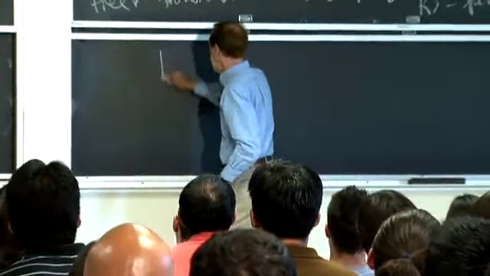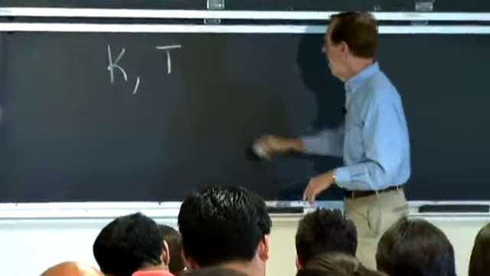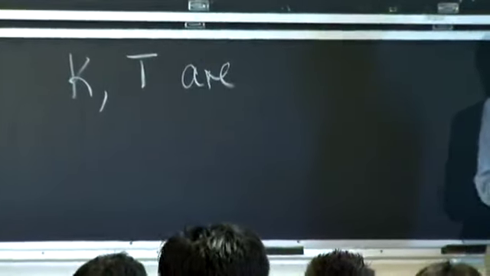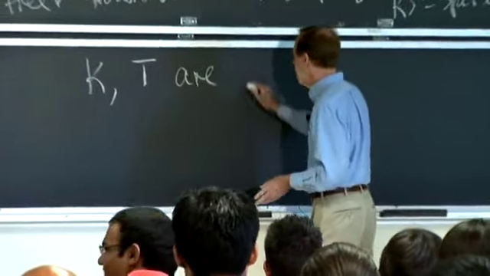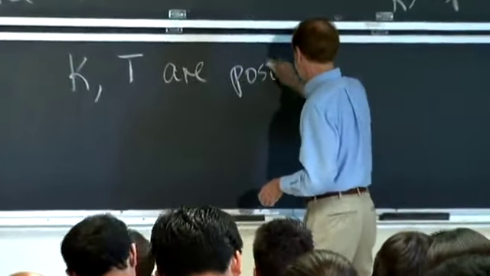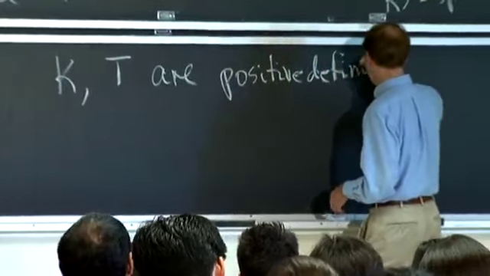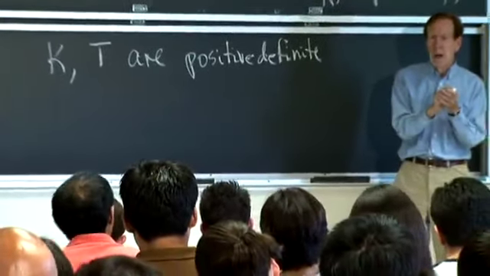So I'm going to say that K and T are, here comes, take a breath, positive definite matrices. So if you don't know what that means, I'm happy, right?